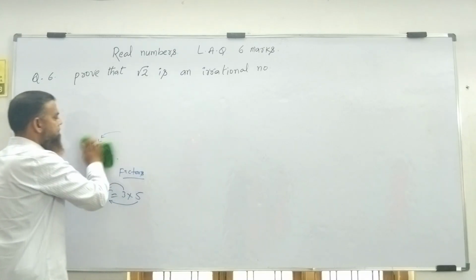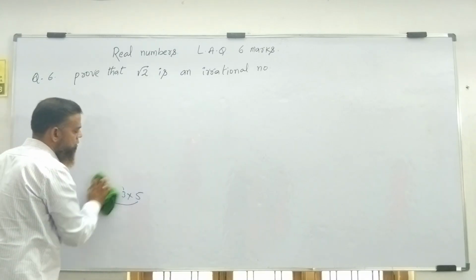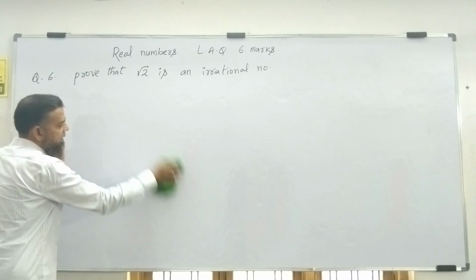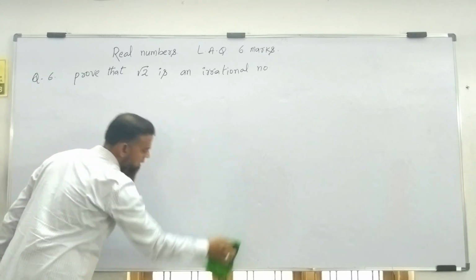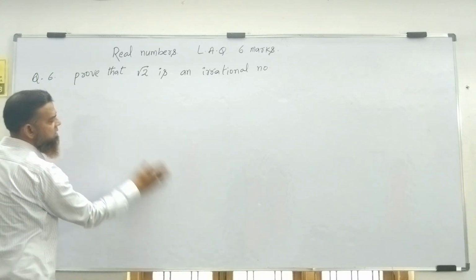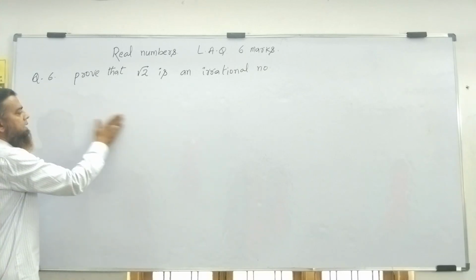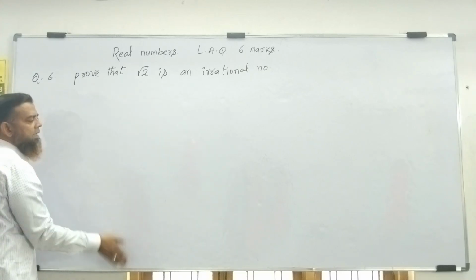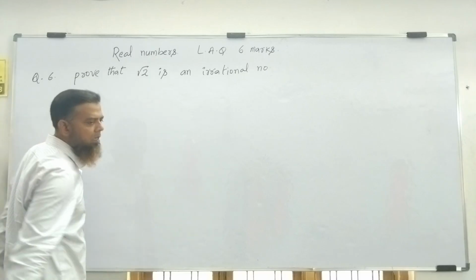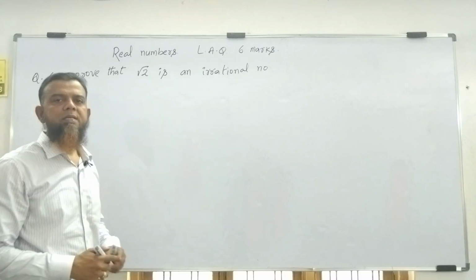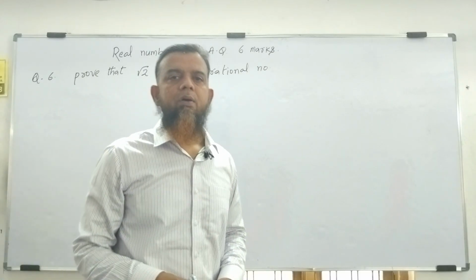What is given? Prove that root 2 is an irrational number. Root 2 को irrational number बोल के prove करना. Already we know what is rational and what is irrational. Rational means a number which is in the form of p by q.